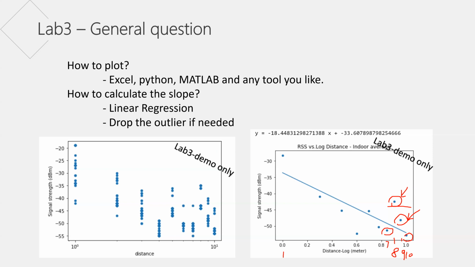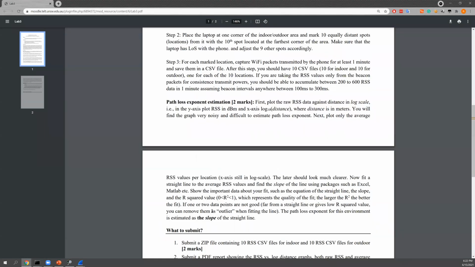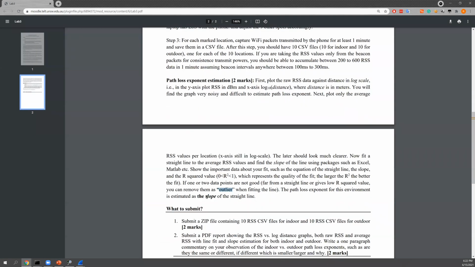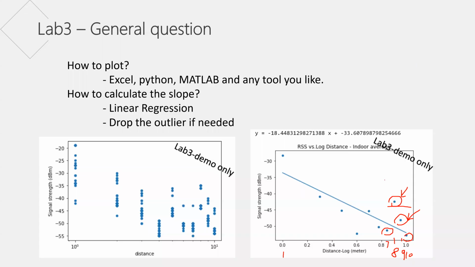You can see here, the outlier. For the outlier, we should remove them and that helps us to fit the line. Does that make sense?